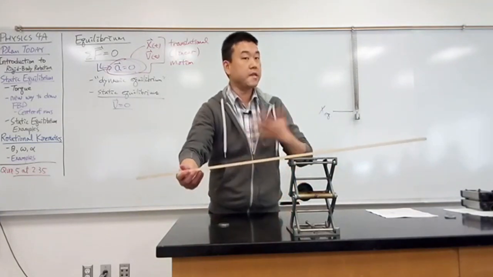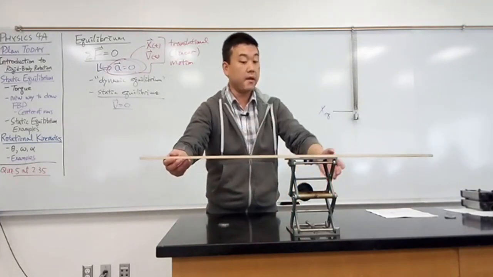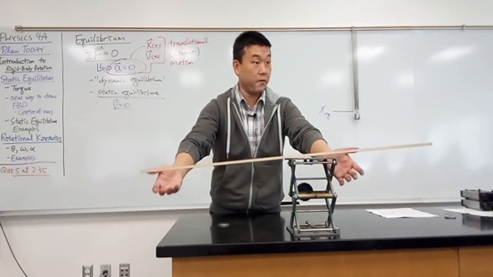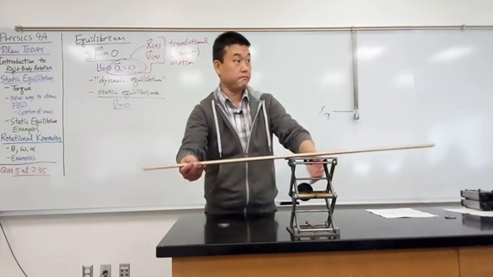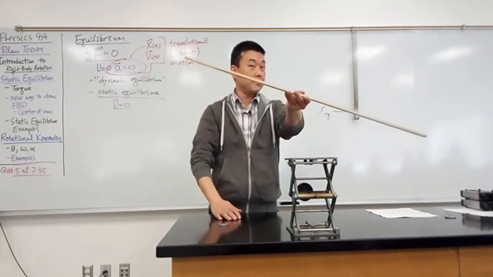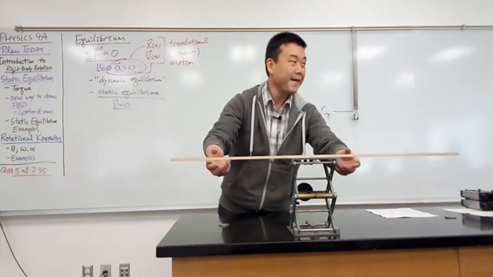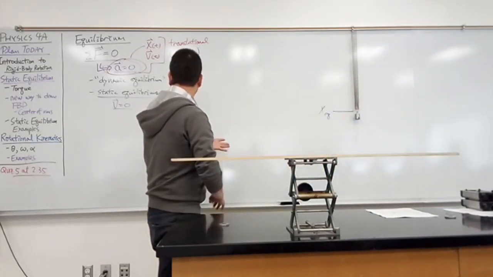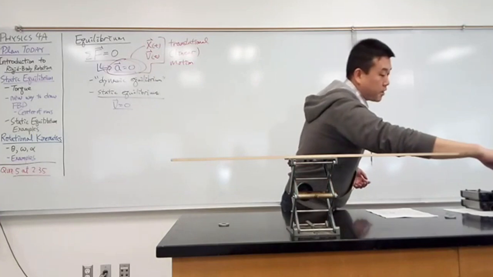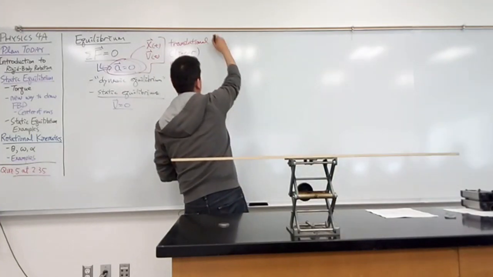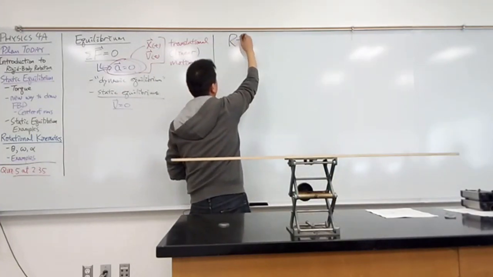There's a whole set of quantities that we are going to look at that will cause the second type of motion. And the second type of motion, it looks like it's rotating, right? So in fact, we will call this rigid body rotation. Rigid body rotation is what we want to introduce today.